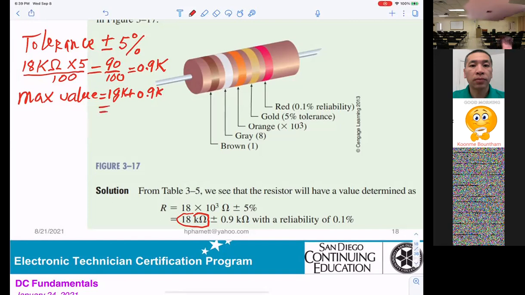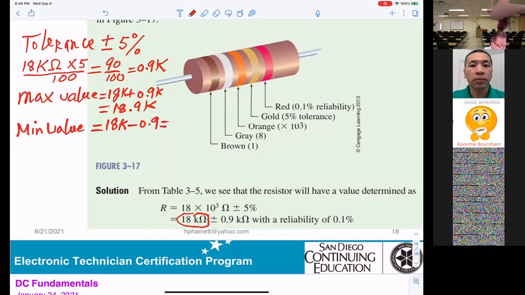So the maximum will be 18.9 K. The minimum value is 18K minus 0.9. 18 minus 0.9 is 17.1.